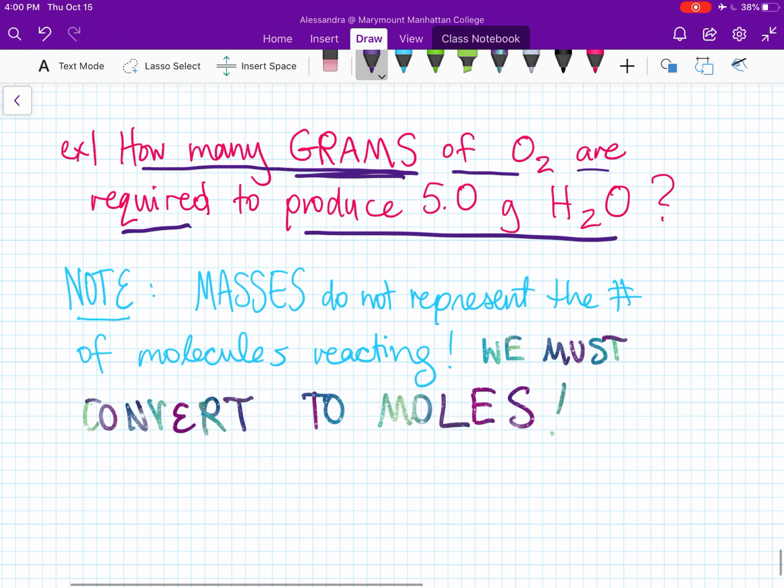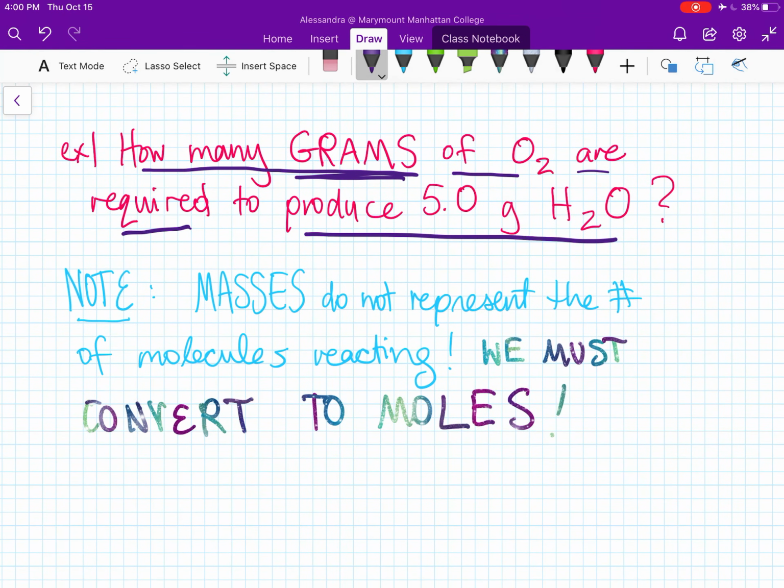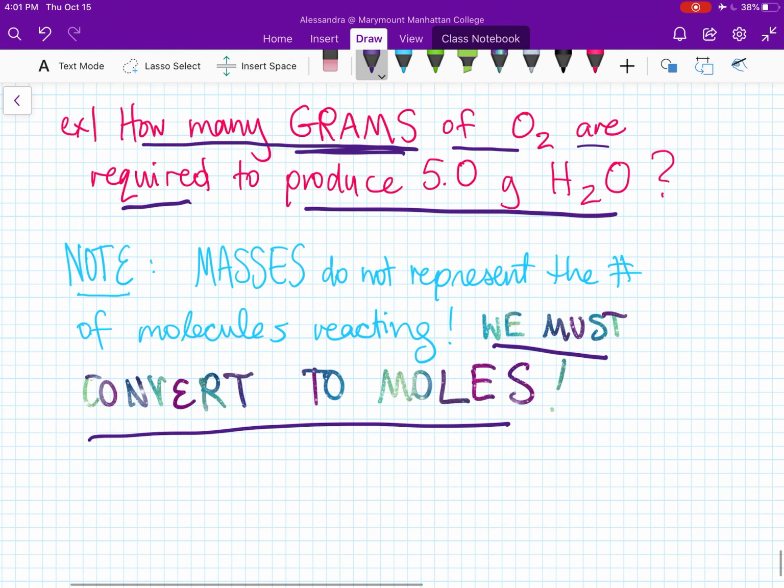A very important point to make here is that masses in grams do not represent the number of molecules or the number of moles reacting. In order to solve a stoichiometric problem like this, you have to convert from grams to moles. You have to convert the masses to moles using the molecular weight of whatever compound you're talking about. Okay, if you don't do that, you get into really big trouble.